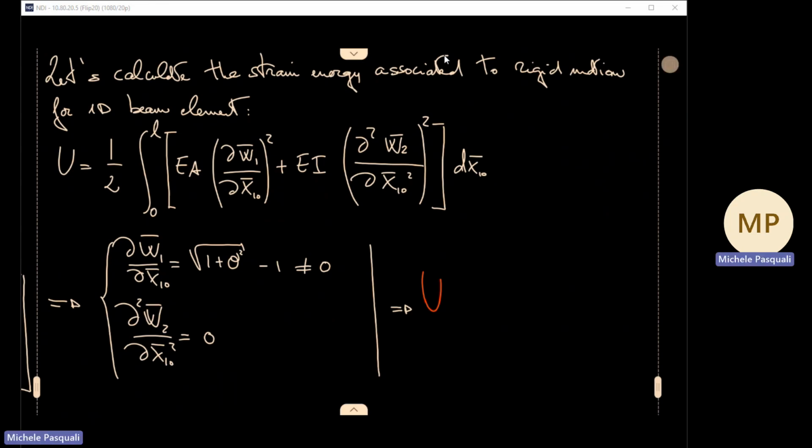Actually, if you do the calculation, it's like this, which is, of course, again different from 0, as I was saying.